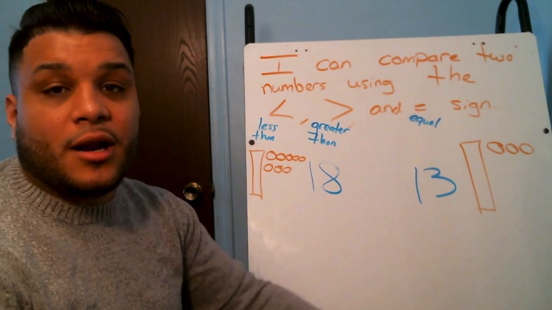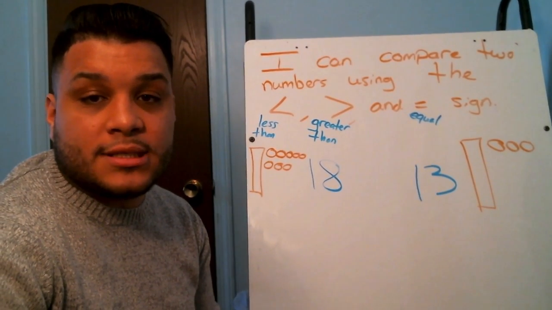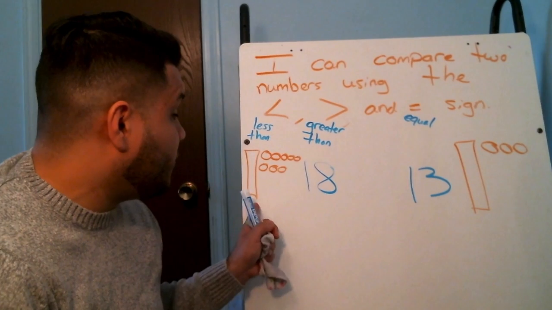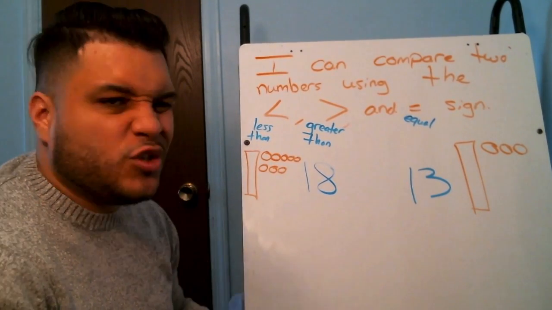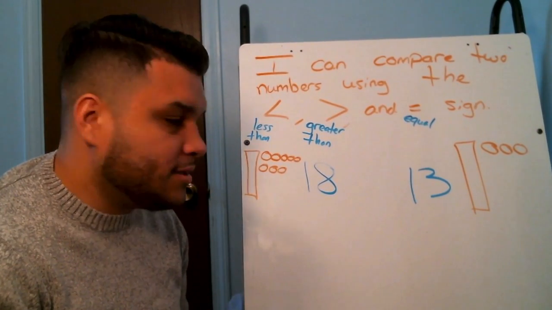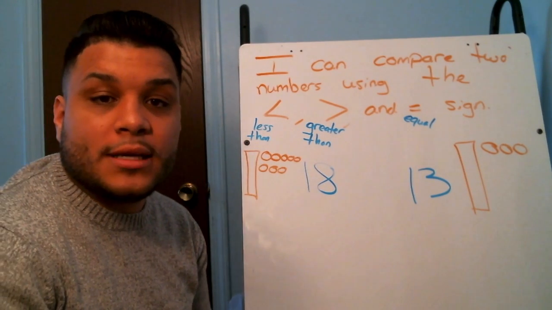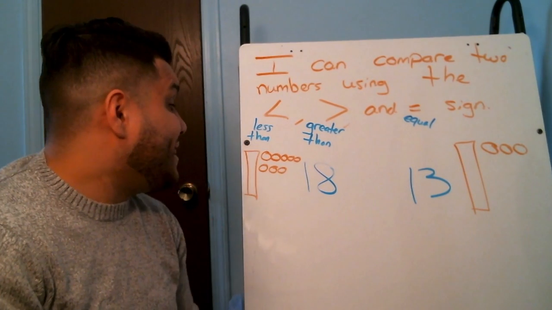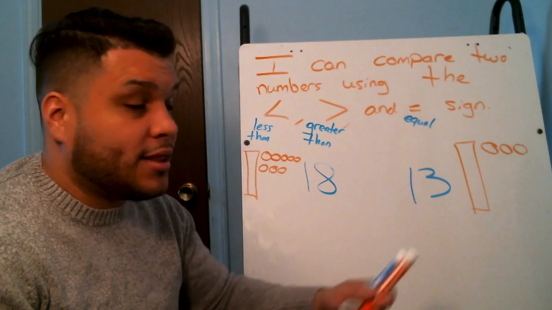Just looking at our picture, we are able to see that even though both of them have the same tens, 18 has more ones, letting me know that 18 is greater than 13.